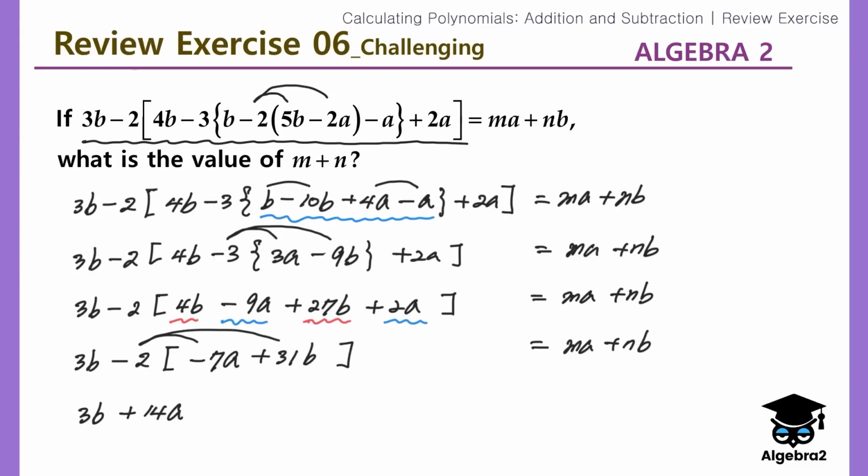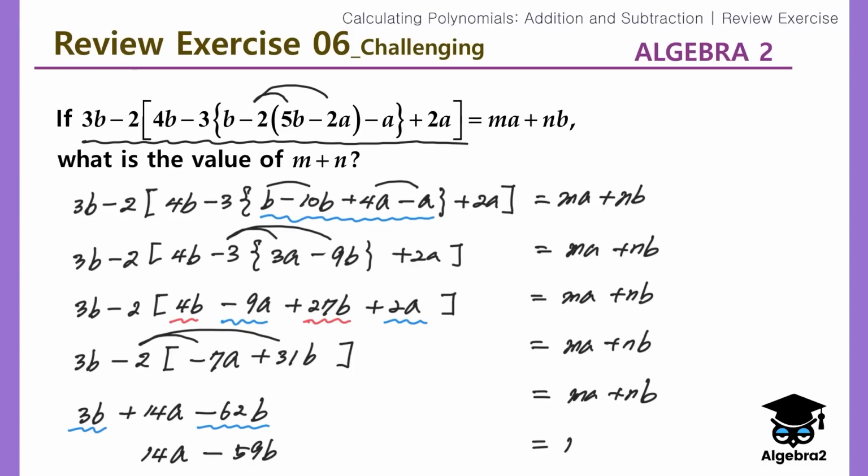Negative 2 times plus 31b, that's minus 62b, is equal to ma plus nb, right? So, like terms, we have 3b minus 62b. So that's going to be 14a minus, that's 59b, right?